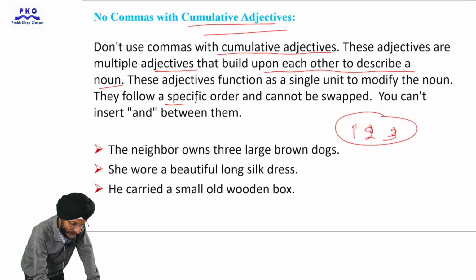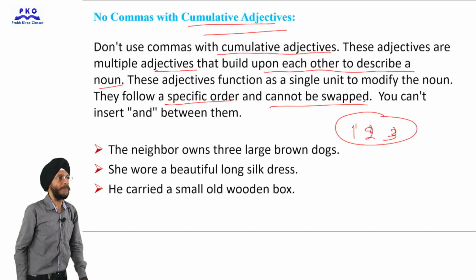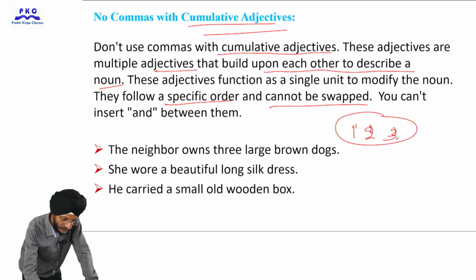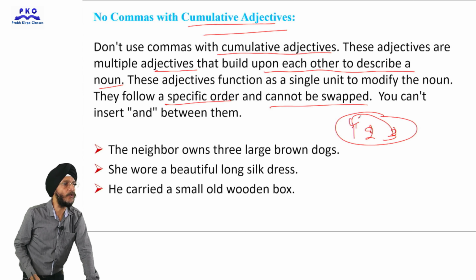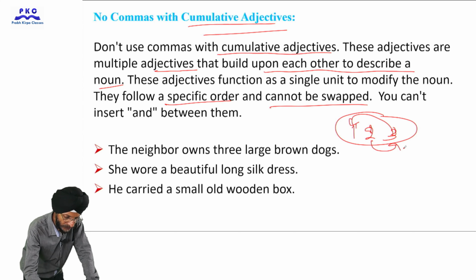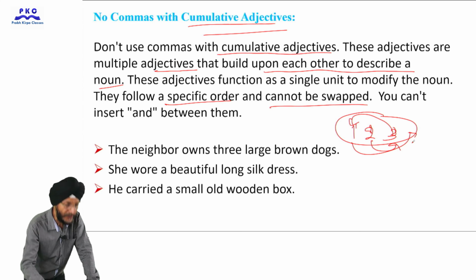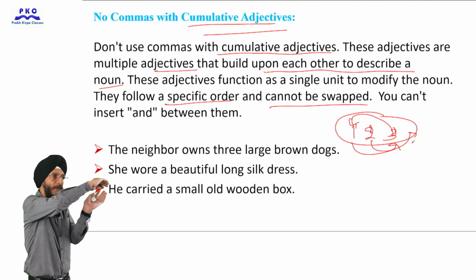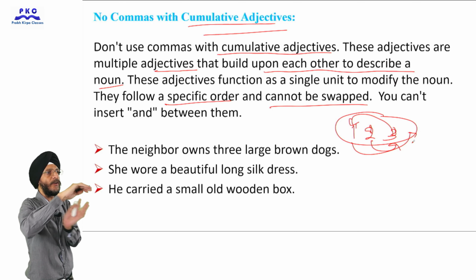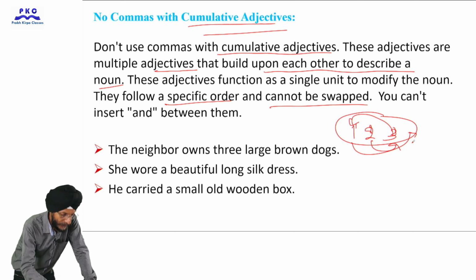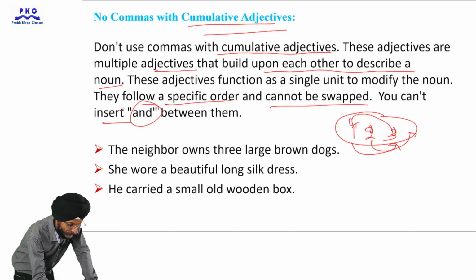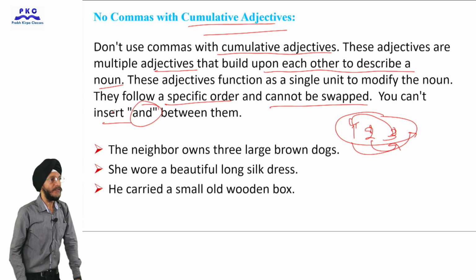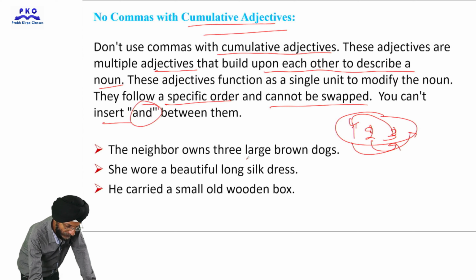They follow a specific order and cannot be swapped. It is not that the third adjective can be taken to the first place, 2 to 3, and 1 to the third place. No, they follow a specific order and cannot be swapped. You cannot insert and between them. Examples: the neighbor owns 3 large brown dogs.